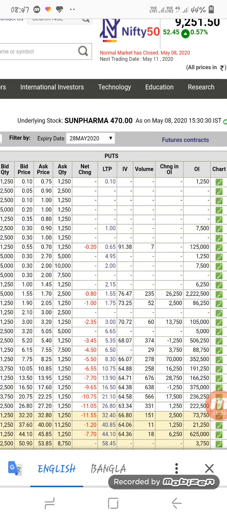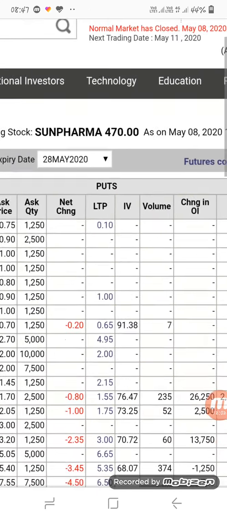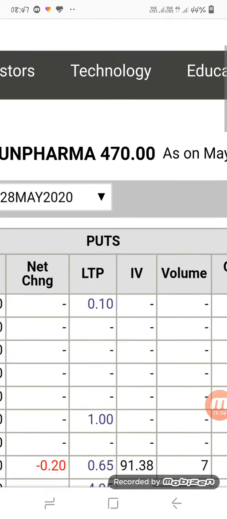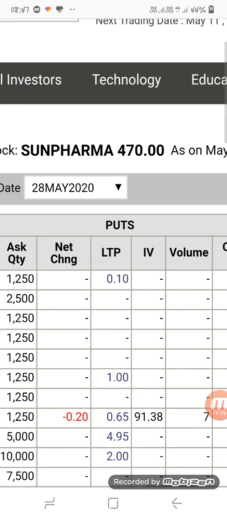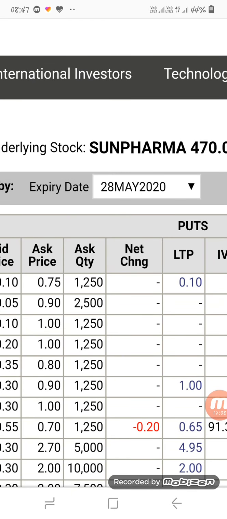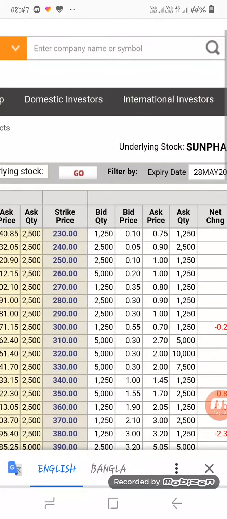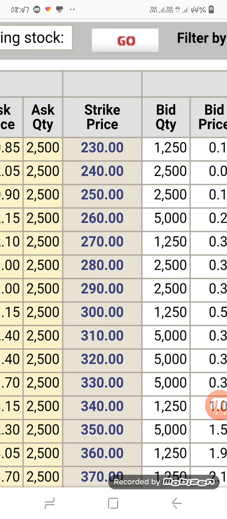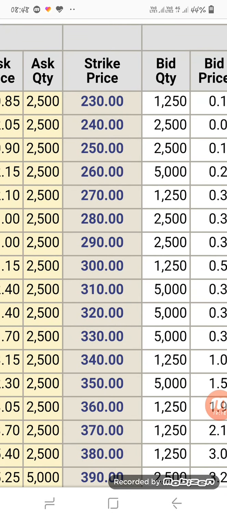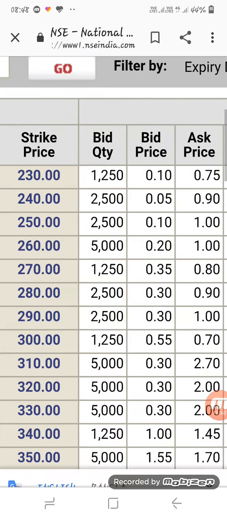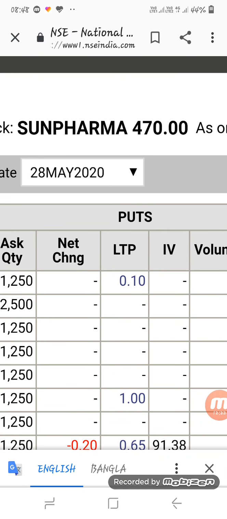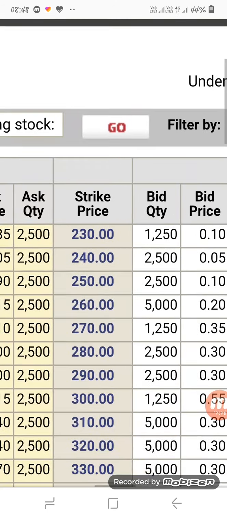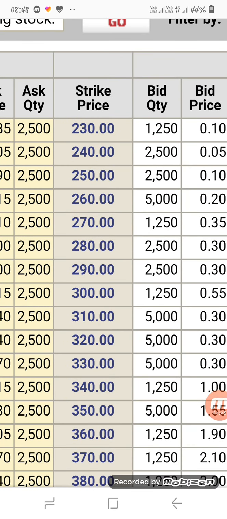Whenever we are playing in the derivative market, we need to see the spot price. In this case it is 470, and then we need to see the expiry date, which is 28 May in this case. After that we need to see the strike price. Suppose for example we are thinking that the price of Sun Pharma is going to decrease, then we can select a price which is much lesser.